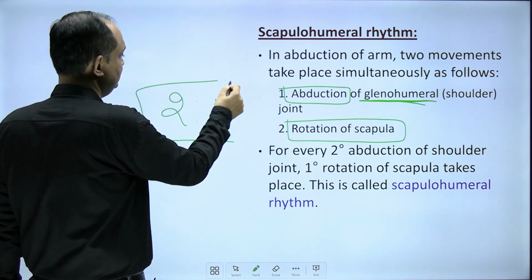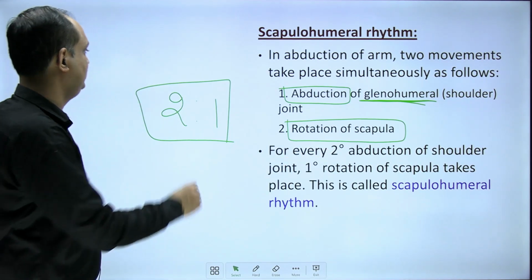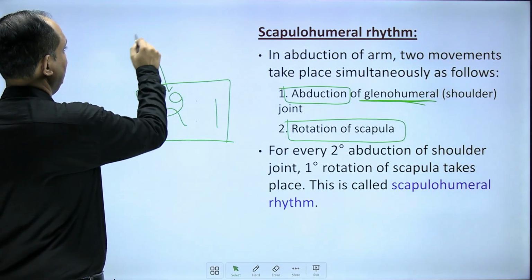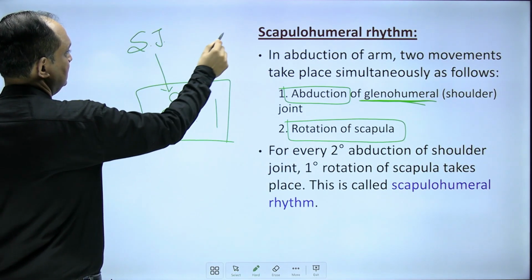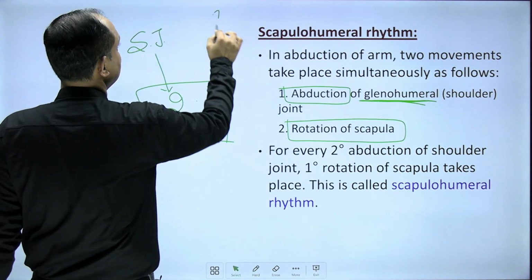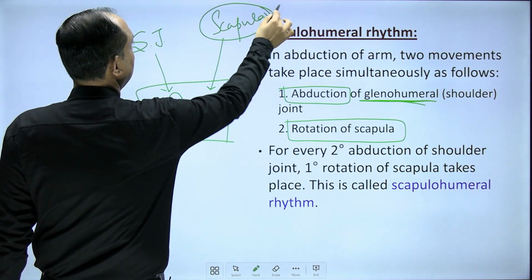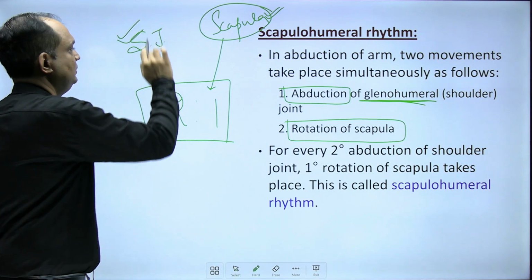Now what is the meaning of this ratio? For every 2 degrees of abduction at the shoulder joint, 1 degree of movement, or forward rotation of the scapula, is occurring. So this movement occurs at the shoulder girdle, and this is the movement of the shoulder joint.